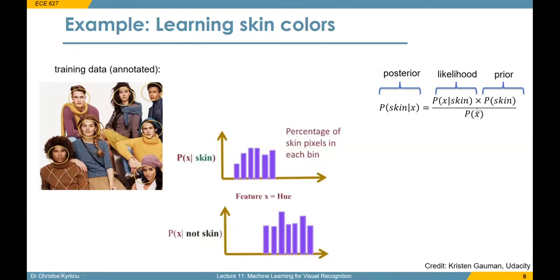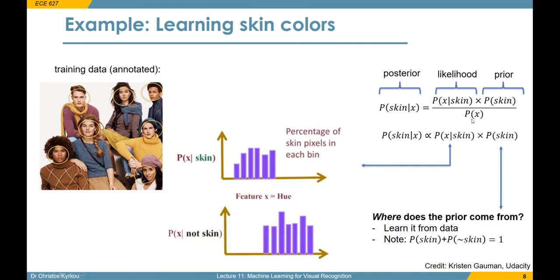And there is a normalizing factor here to make this output a probability, but in many cases we just assume that it's constant and we remove this factor. So we're left with the likelihood times the prior.